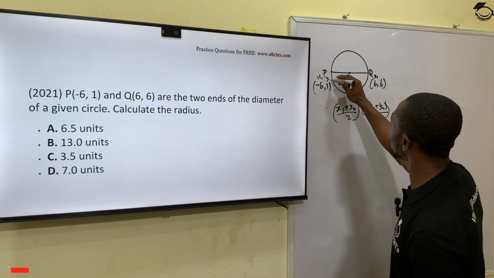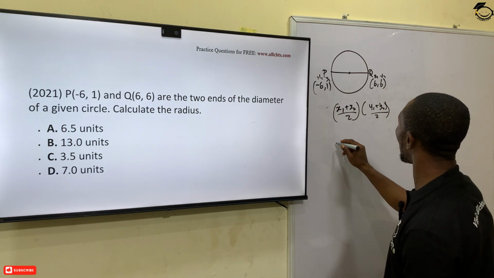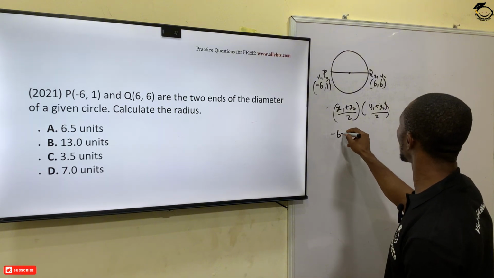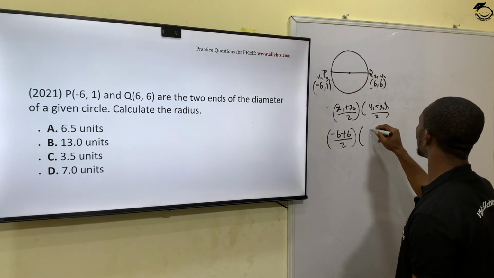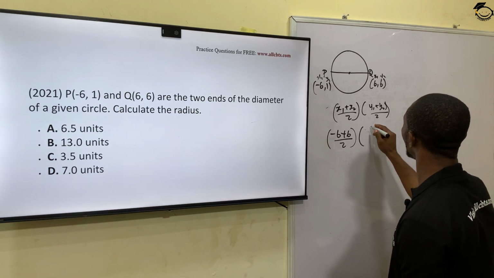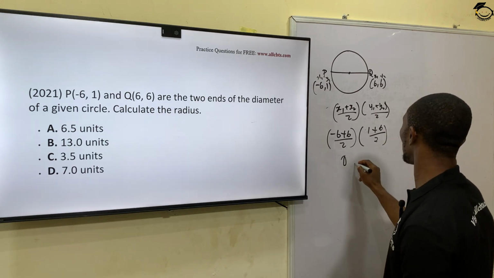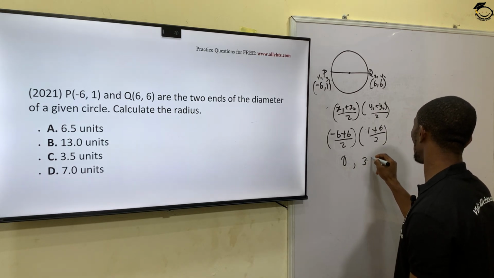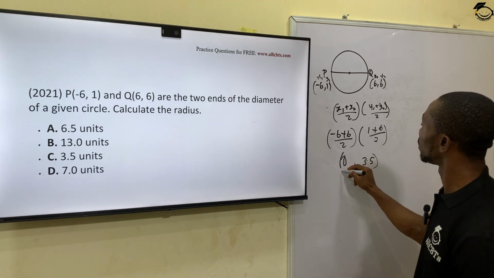So here, minus 6 plus 6 over 2 and 1 plus 6 over 2. This gives us 0 and 3.5 as our center of the circle.